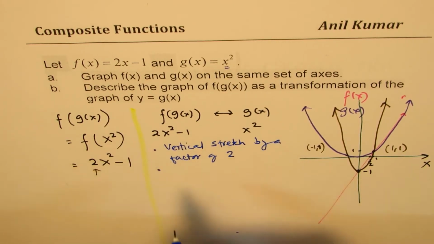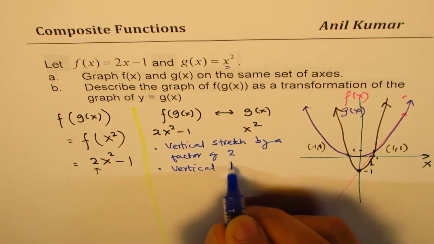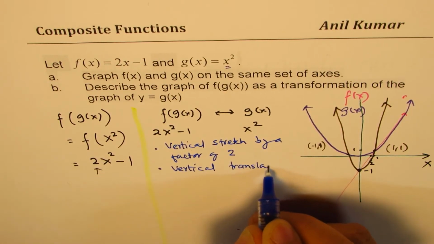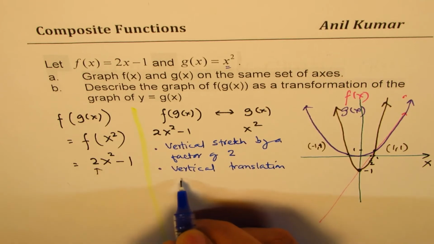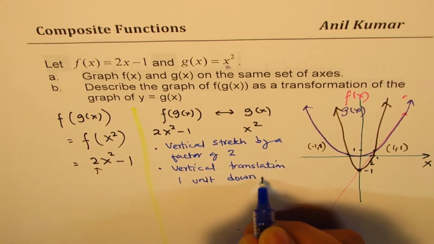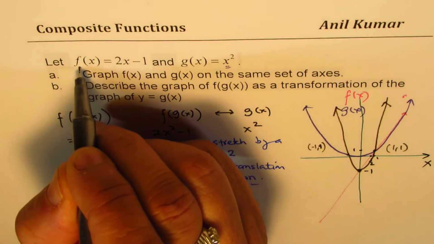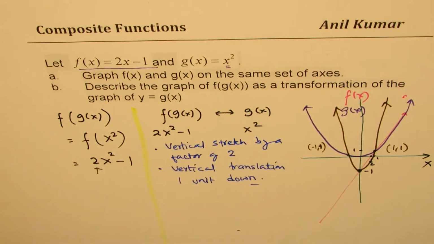The second one is vertical translation, 1 unit down. So you can clearly see that this transformation has been influenced by the function 2x minus 1, correct?